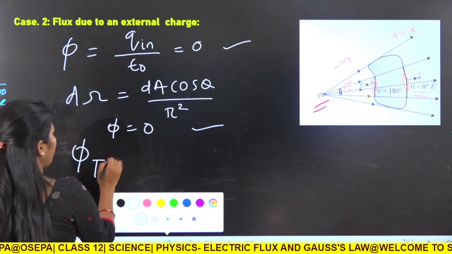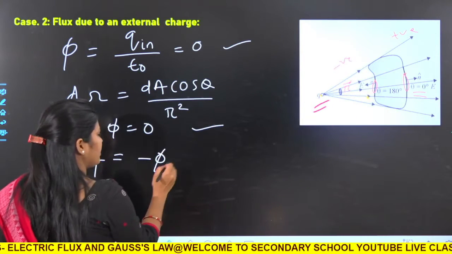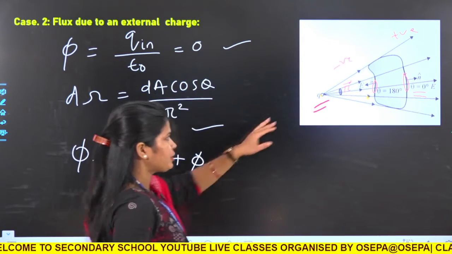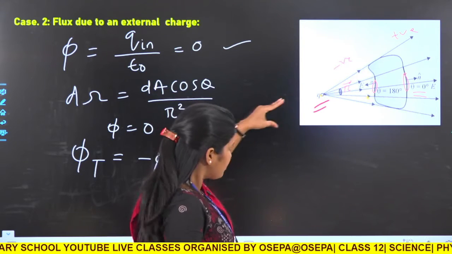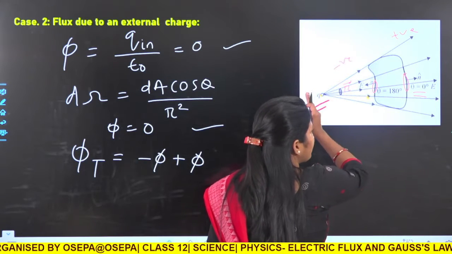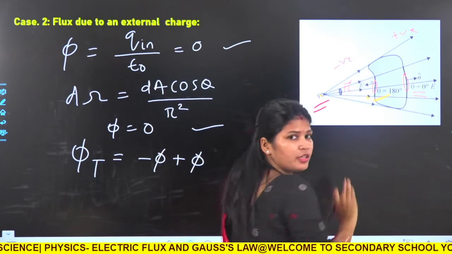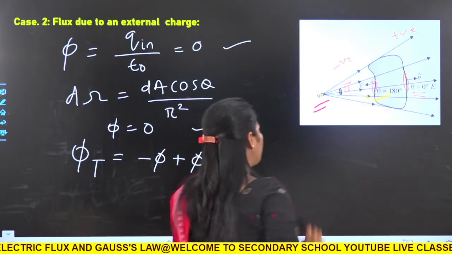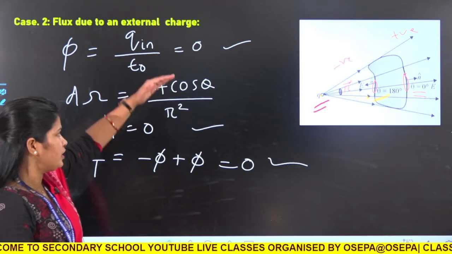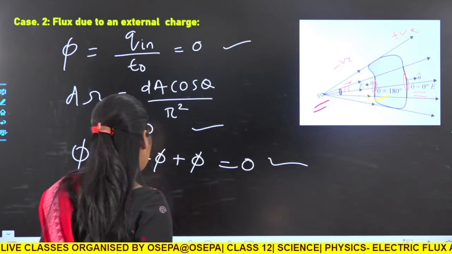Phi total will be the negative flux, that is minus phi, plus the positive flux, phi. Why minus phi? The charge is present here. The field lines are outward for the positive charge, isn't it? That means crossing the unit area, this is the flux. The positive flux. So minus phi plus phi, how much? 0. So in this way we can calculate the flux due to an external charge, that is 0.